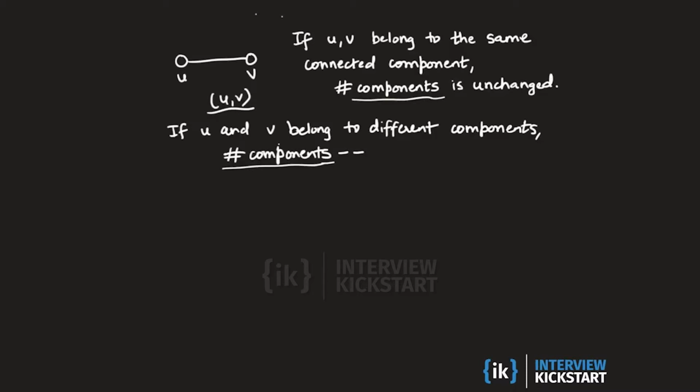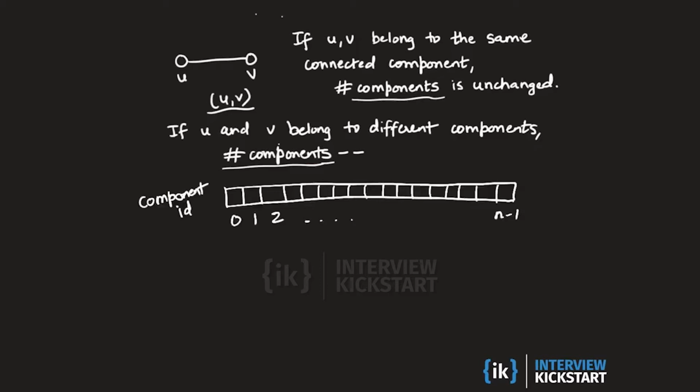Now, since we will need to check which components u and v belong to in order to decide whether it's the same component or not, it might help to associate with each vertex the ID of the connected component to which it belongs. We can track which component each vertex belongs to by giving each connected component a unique ID, and each vertex then would be mapped to its corresponding component ID.